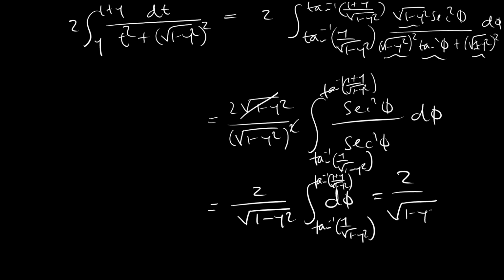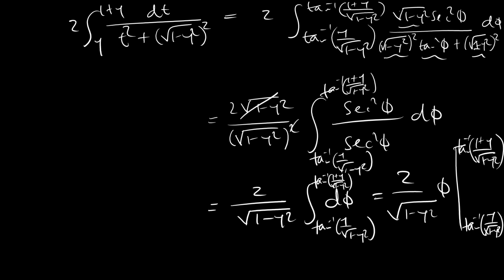So we have phi evaluated from the arctangent of y over the square root of 1 minus y squared to the arctangent of 1 plus y over the square root of 1 minus y squared.